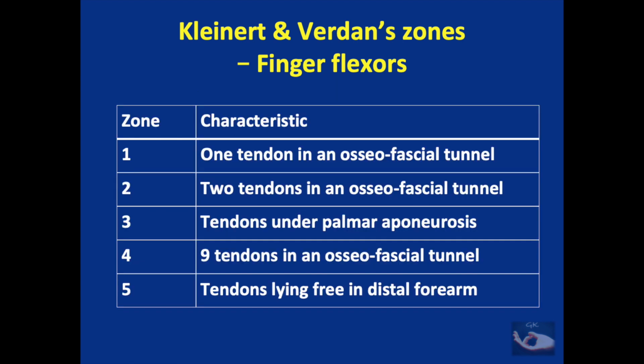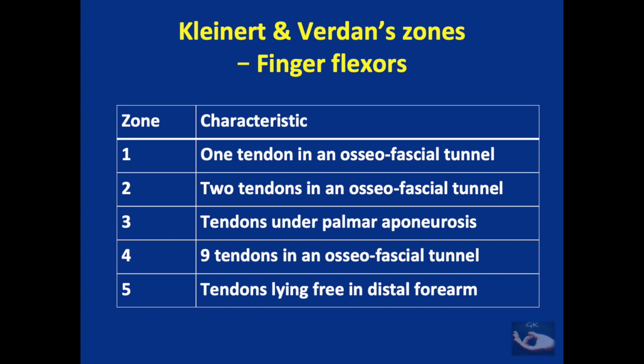The need for such a classification is because surgically, when there is an injury to the tendons, each zone has got a characteristic. Zone 1 represents injury to one tendon in an osteofascial tunnel. Zone 2 represents two tendons in a tight osteofascial tunnel. Zone 3 represents tendons under the palmar aponeurosis and relatively free.